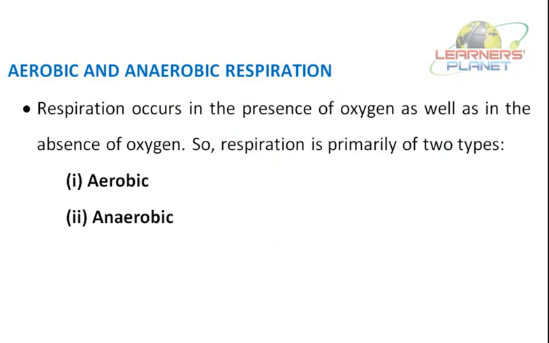After studying about the respiratory system in plants, now let us study about aerobic and anaerobic respiration. Students, we have learned that respiration occurs in the presence of oxygen as well as in the absence of oxygen. So, respiration on this basis is primarily of two types, that is aerobic respiration and anaerobic respiration.